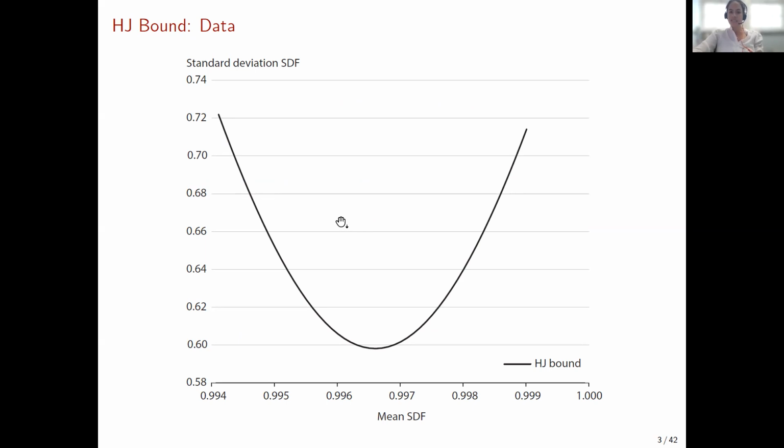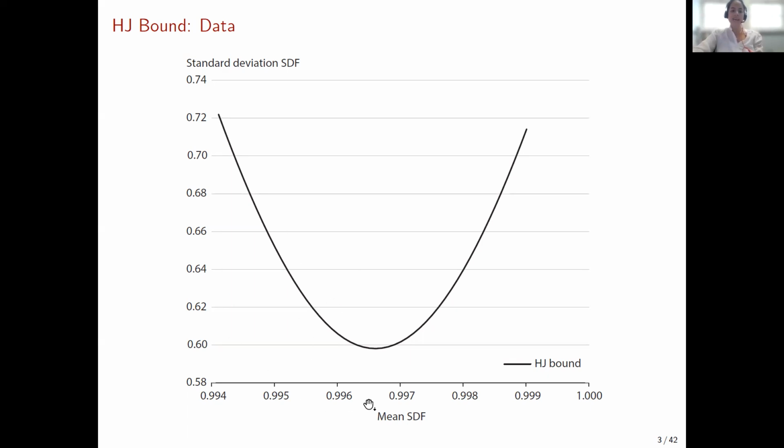In this case here, we're plotting the HJ bound, and on the x-axis, we have the mean of the stochastic discount factor, which is around 1 because the gross return on the risk-free rate is around 1. And on the y-axis, we have the standard deviation of the stochastic discount factor using S&P 500 data. So what you see here is the equity premium puzzle that has allowed us to do asset pricing in the past 30 years.